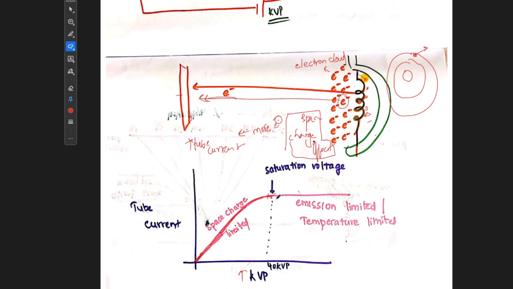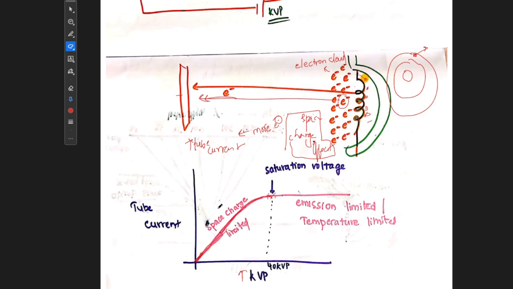After 40 kilovolt peak it is more or less the same; there is very little change in the tube current if we increase the kilovolt peak. Thus, it is emission limited or temperature limited. To sum up, 40 kilovolt peak is called the saturation voltage.